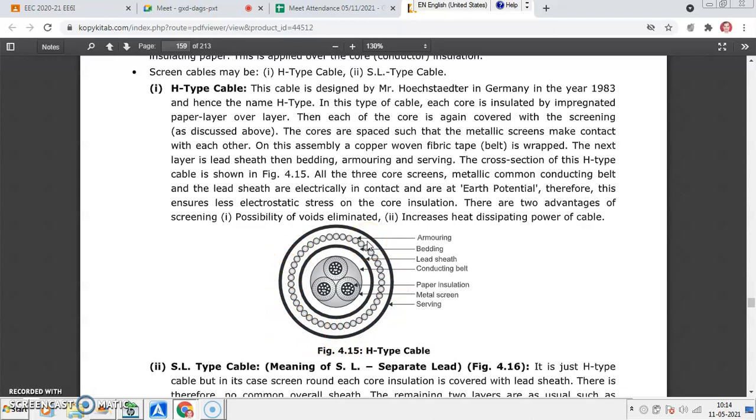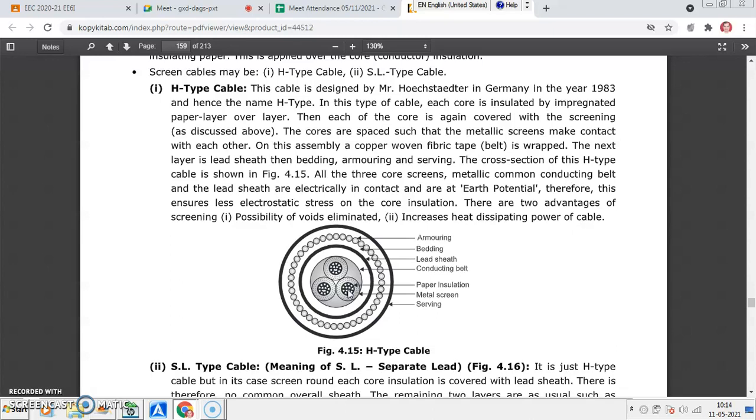The cores are spaced such that the metallic screens may contact each other. This particular assembly is a copper woven fabric tape, that belt is wrapped, that is the conductor belt.